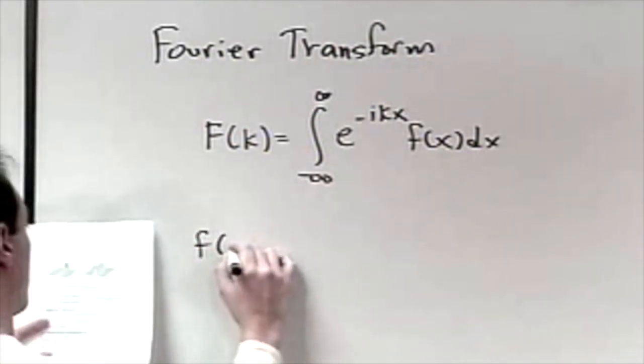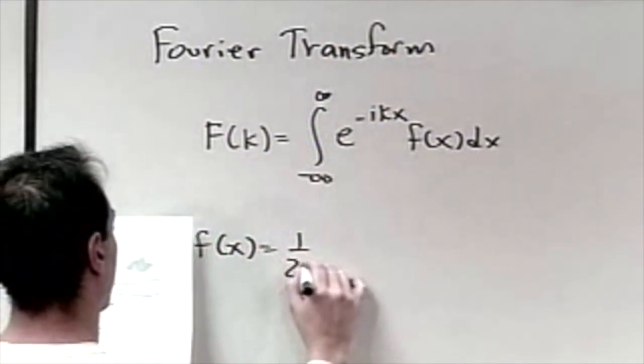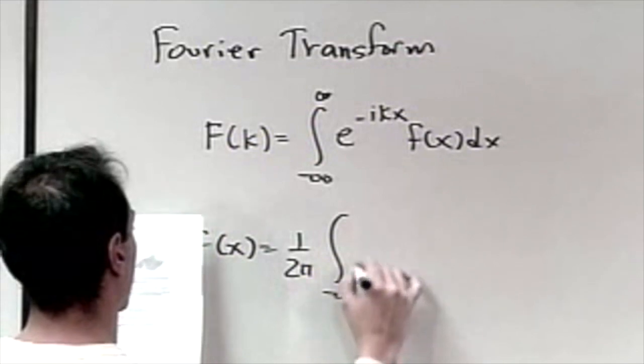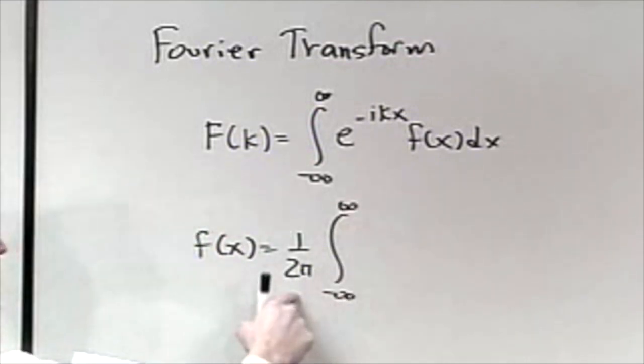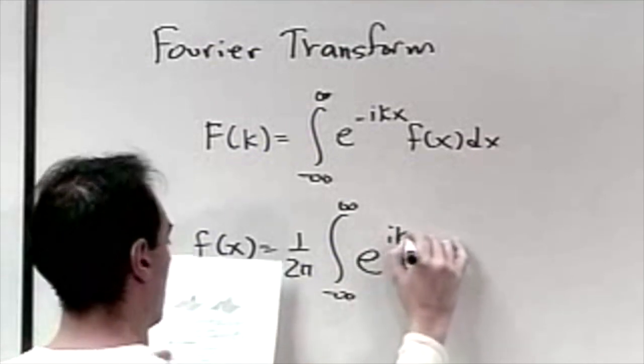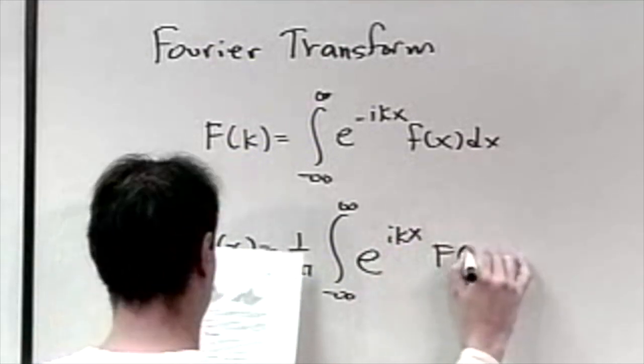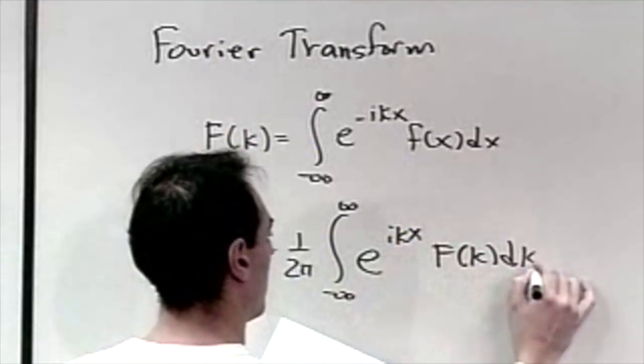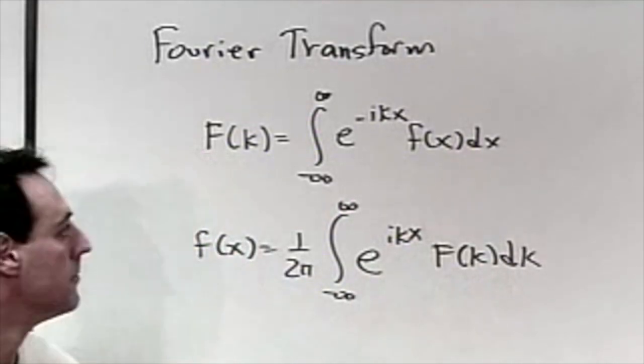And in all the definitions out there, the only difference is sort of in terms of where you put the 2 pi and where you have that minus or plus. Okay? So there's your Fourier Transform pair.